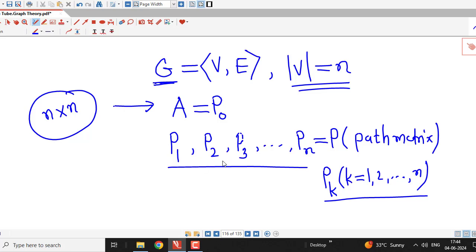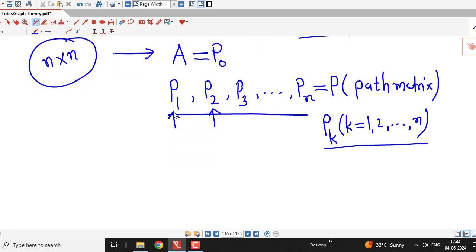To obtain each matrix in this sequence, we use the previous matrix. If I want to write down P1, then I will use P0. Similarly, if I want to write P2, then I will use P1. Now, how do we write down matrix Pk in general using the previous matrix, denoted by P(k minus 1)?